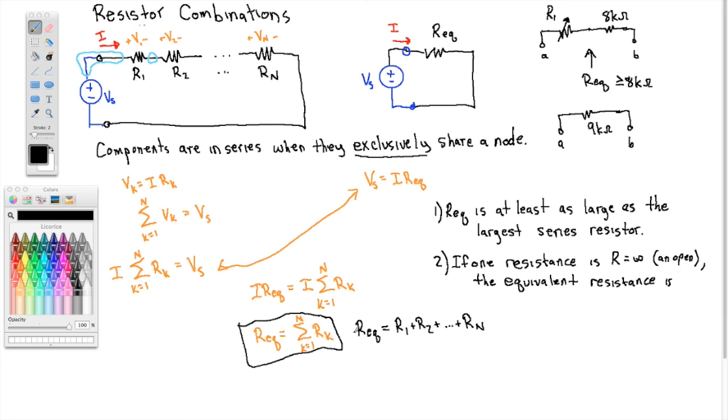So if one of these R's is infinity, then what's the sum? Infinity. It's infinity. Then the equivalent resistance is infinity. An open circuit.